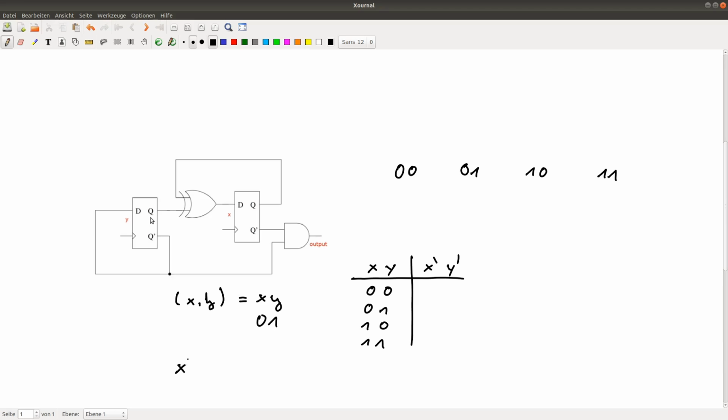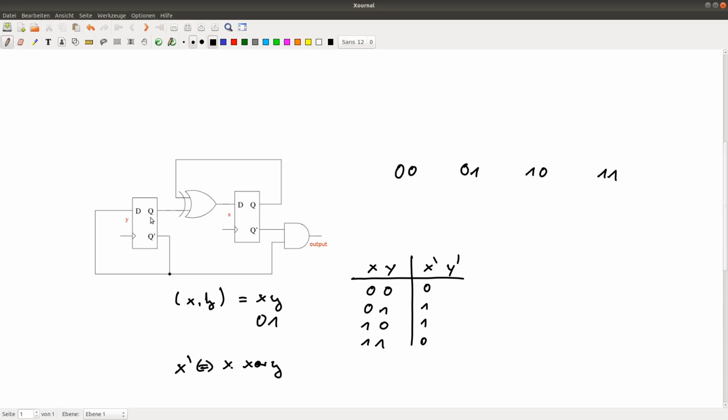And if we want to know what is X in the next state, then this is an XOR of the value of y and of the value of x. So x prime is defined as x XOR y. So when x and y are different, we have a 1, and when they're the same, we have a 0. So we get 0, 1, 1, 0.